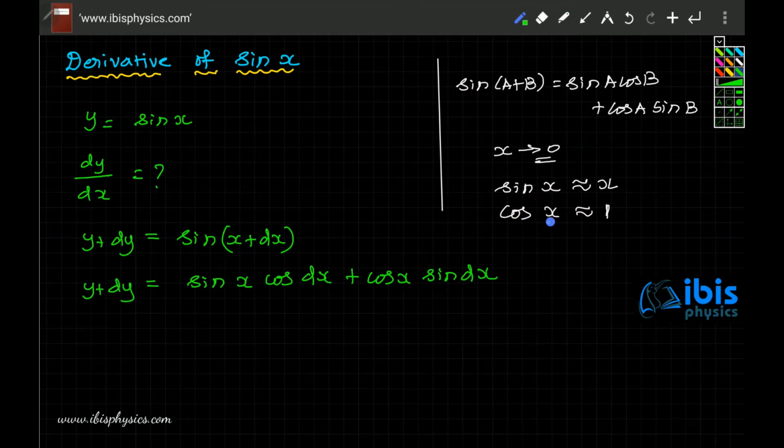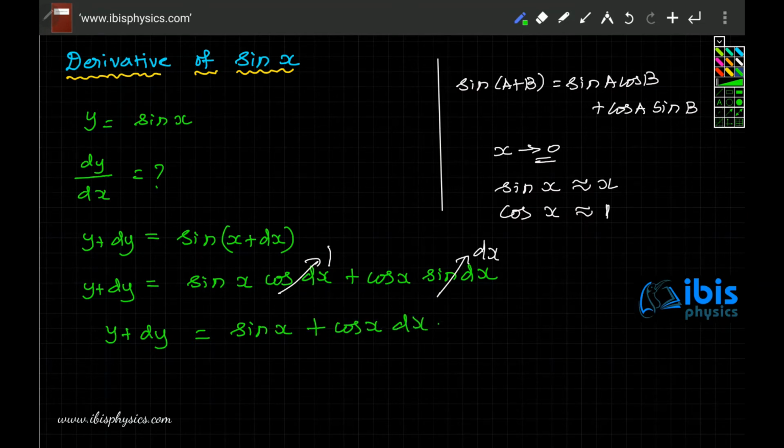So cos of a small value is 1, so this cos dx becomes 1. And the sin dx becomes dx, because sine of a small value is that small value. Then y plus dy is sin x plus cos x dx.